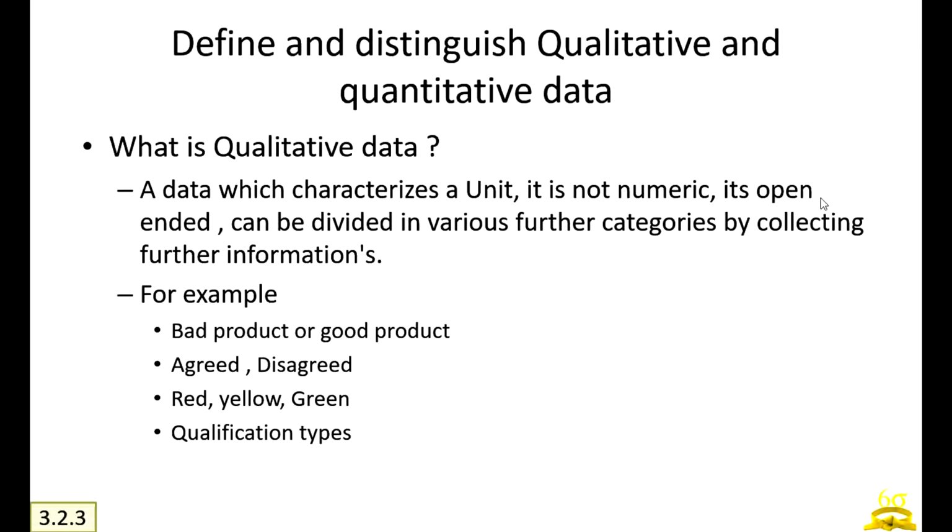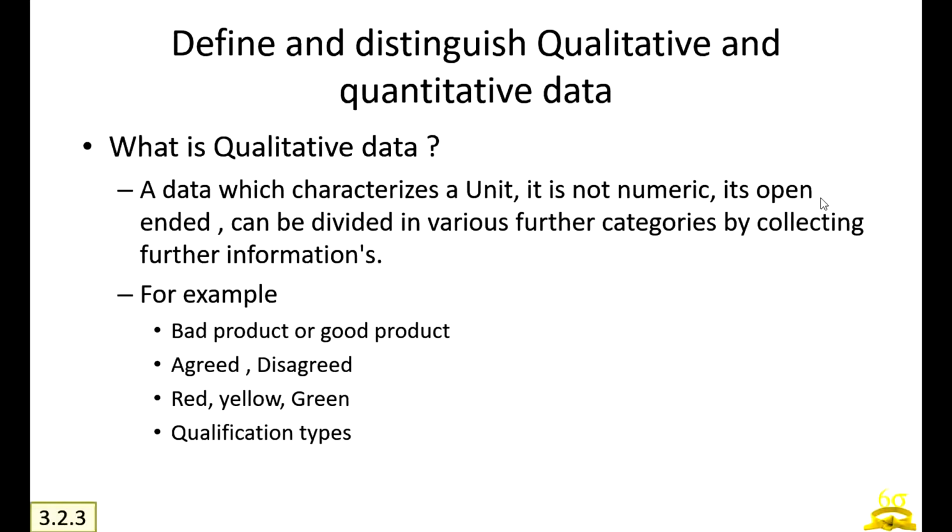You can divide it into further categories by collecting further information, but you cannot divide the data itself by 2 or 3 or anything. For example, a good or bad product: you cannot divide a bad product further unless you do another survey and find out where the product was bad.